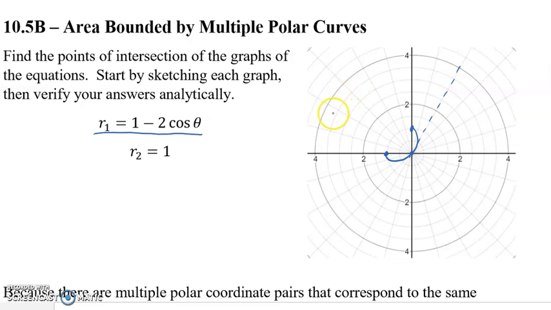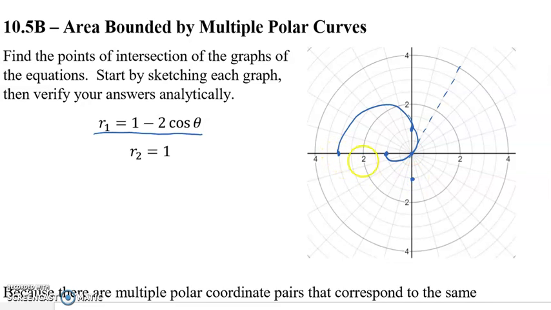As theta continues to increase from pi over 2 to pi, r is going to increase from 1 to 3. So we end up out here, with a continually increasing value of r, starting at 1, getting bigger to 2, getting bigger to 3. And then it's just going to do the same mirror image on the bottom half.